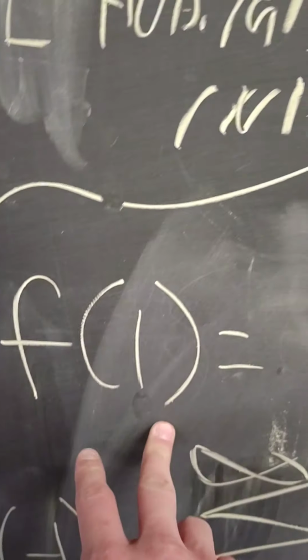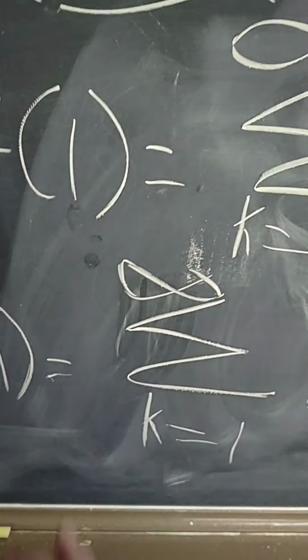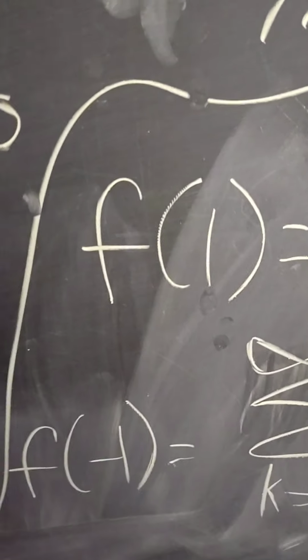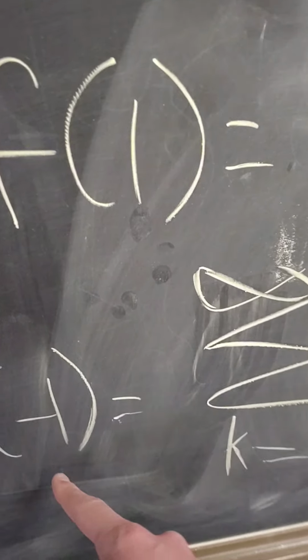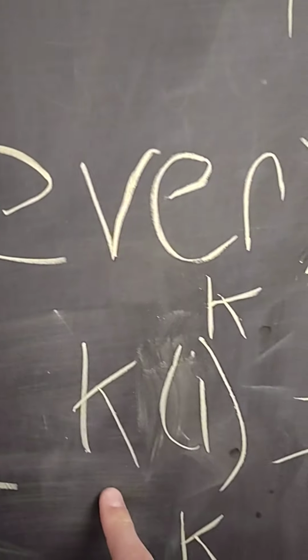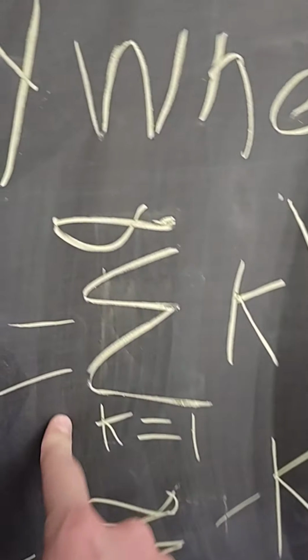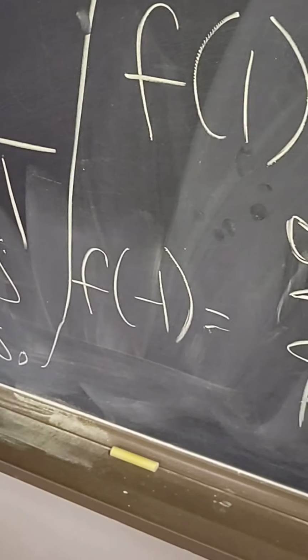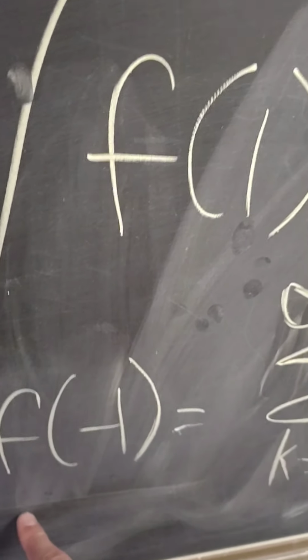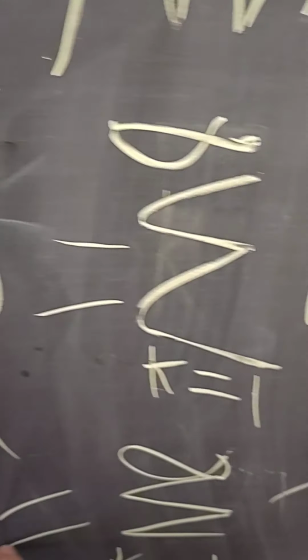So then, we have to test it on both endpoints, 1 and -1. To test it at 1, k times 1 to the k is just k. And down here, we have -1, and this is k times -1 to the k, which is negative k to the k.